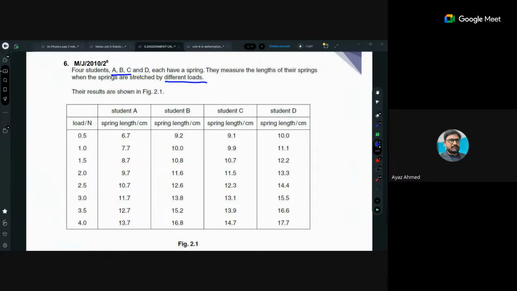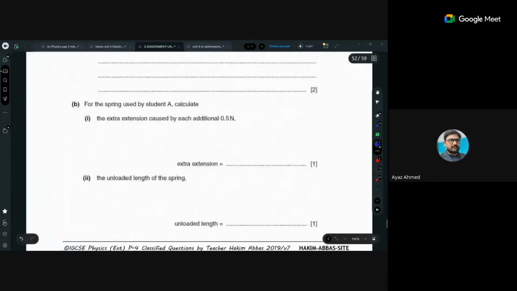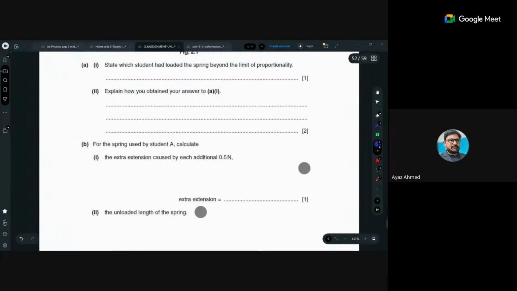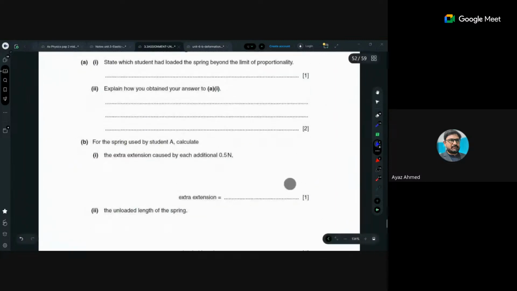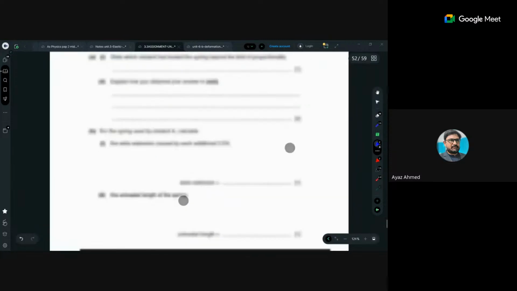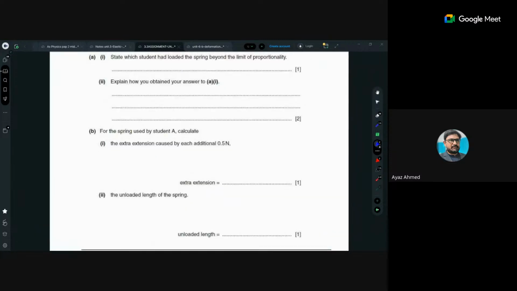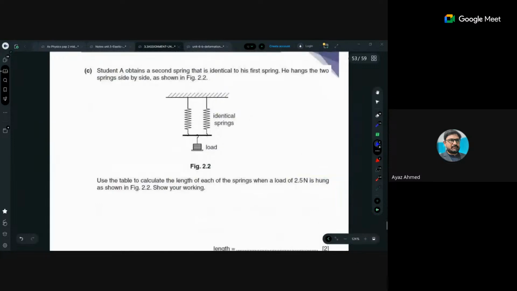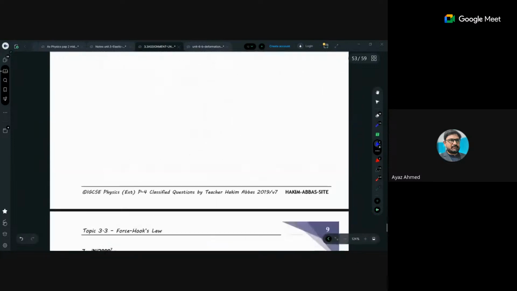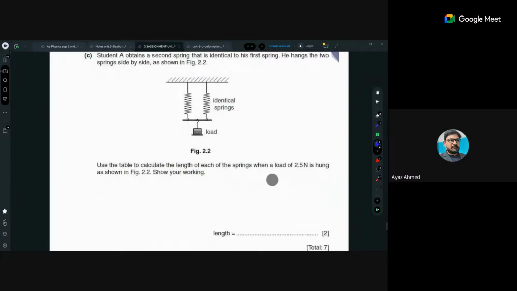Did you take the snapshot? Yes, you did as well. Can you take a screenshot, please? Yeah, I took it. Okay, then take this one. Wait. Yeah, this one. Done? Okay. And then this one. This is an assignment for you.